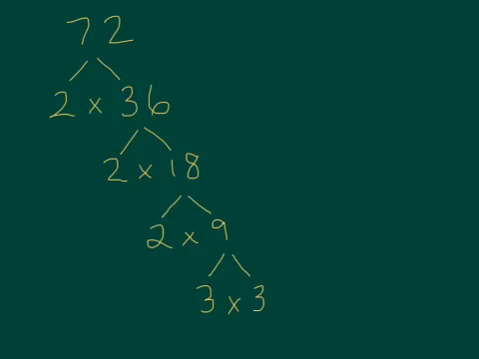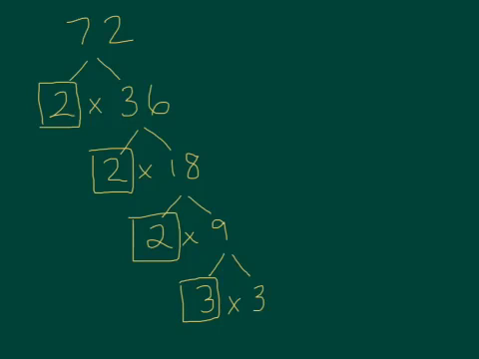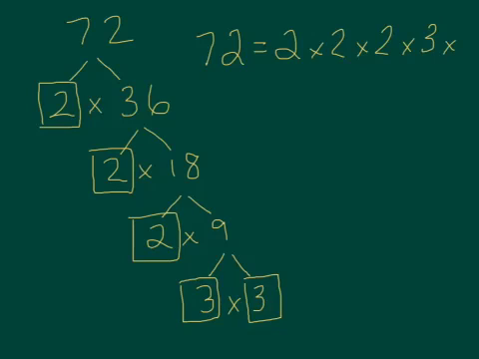Once you have your factor tree, you can make a square or a circle around the prime numbers that make up your factor tree, and then use these prime numbers to write out 72 as 2 times 2 times 2 times 3 times 3. And then 72 can also be written as 2 to the power of 3 times 3 to the power of 2.